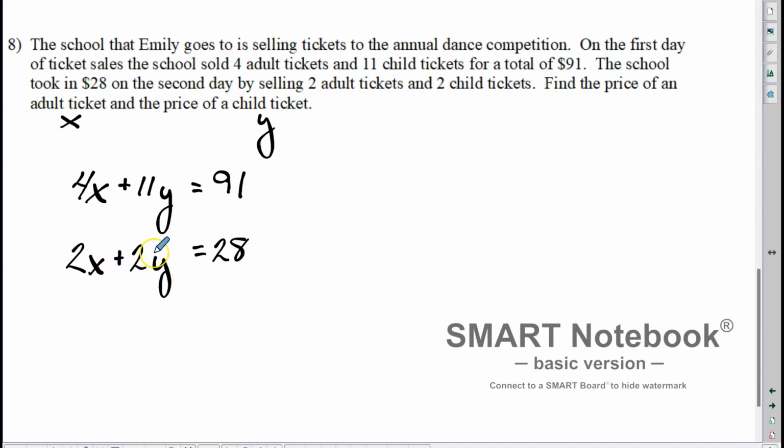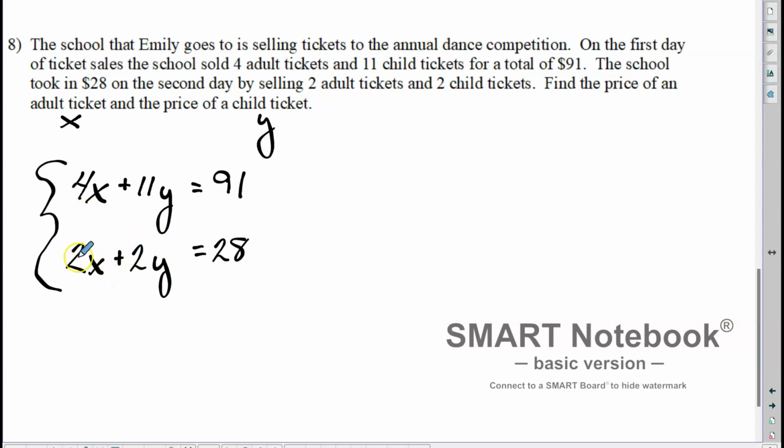Now I've got a real life problem. The question is, what approach do I take? If you said substitution, you're correct. If you said elimination, you're correct. It's now a preference thing. You have tools in your toolbox, so you decide what you like working with.